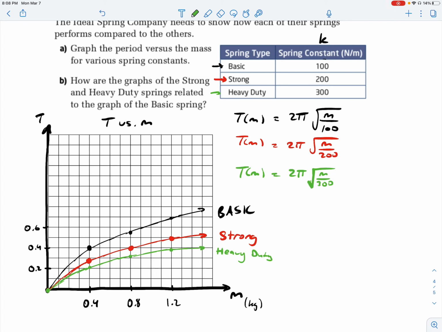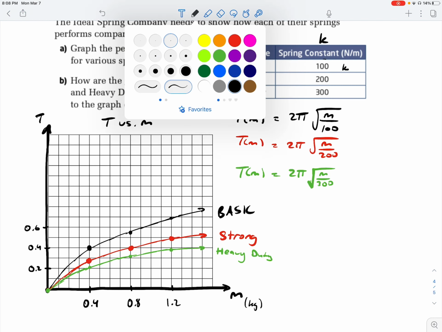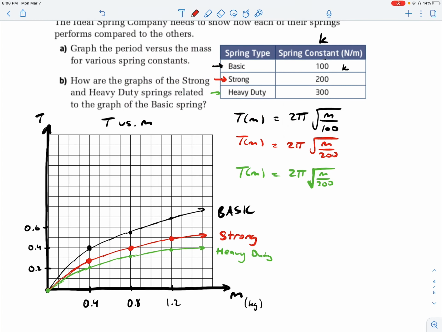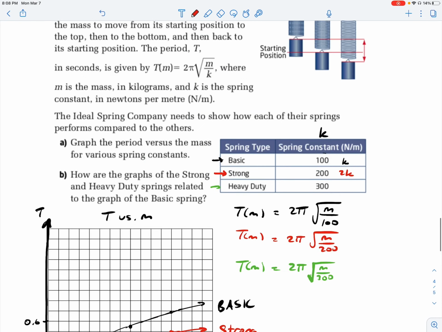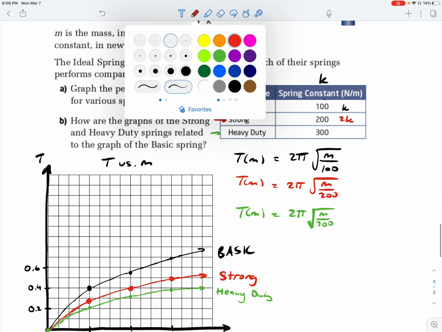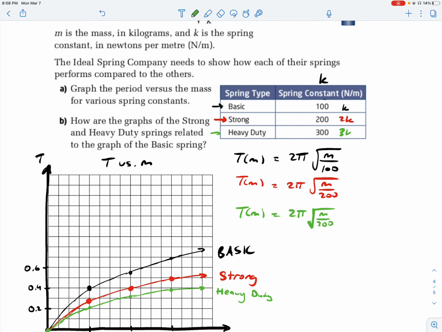So if I call this one K, let's see this in black here to keep it color coded, then the strong one is just going to be twice the amount, so I could call it 2K. And the heavy duty one, I could call it 3K. The reason why I call it 3K is because if this is a spring constant of 300, it's 3 times the size of the basic one. Just like this one is 2 times the size of the basic one.